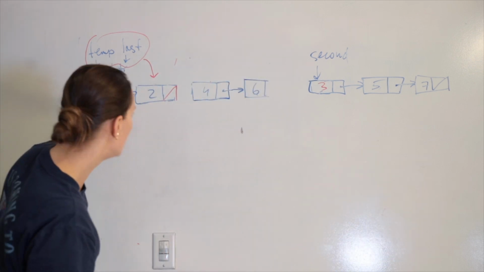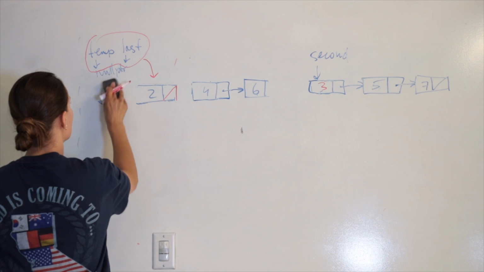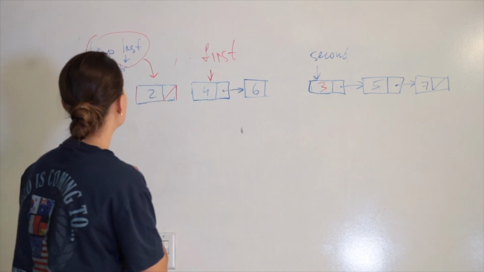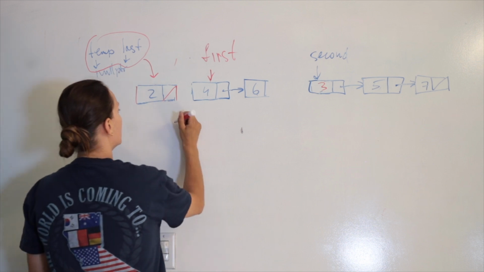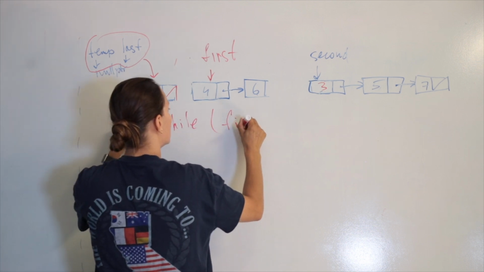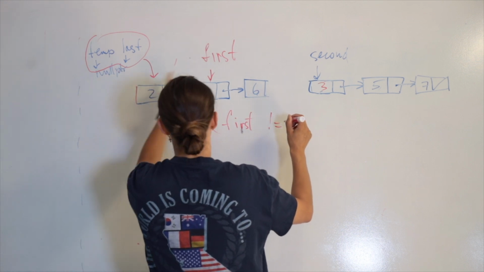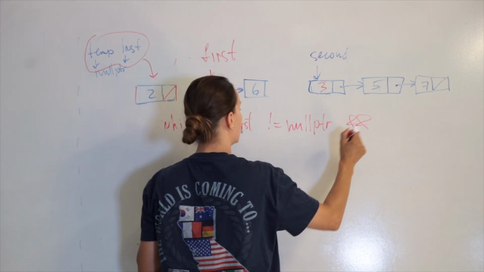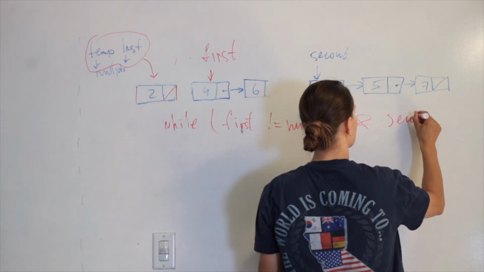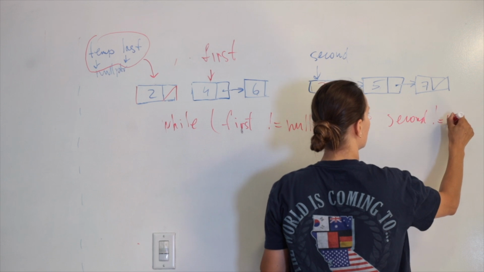We moved our first. Our first is now here. So now we will traverse our 2 lists while first is not equal null pointer, and this is part 2, and second is not equal null pointer.